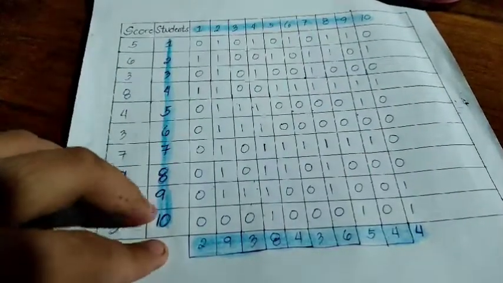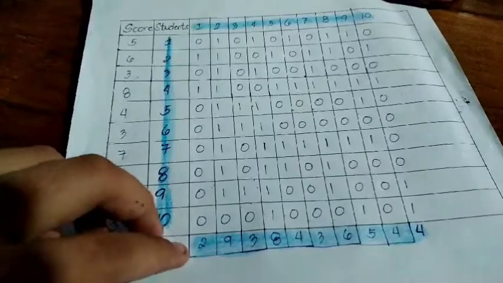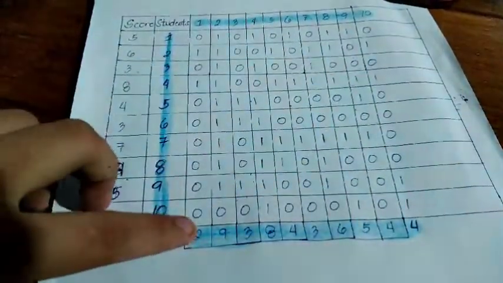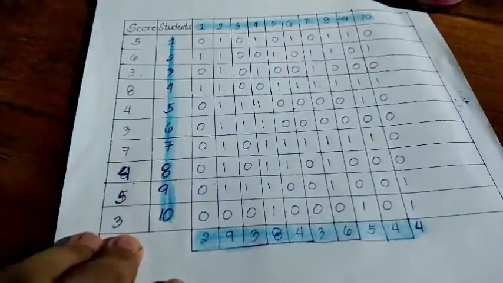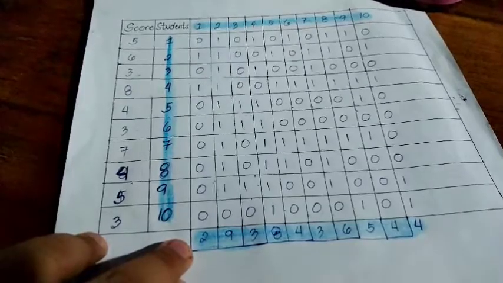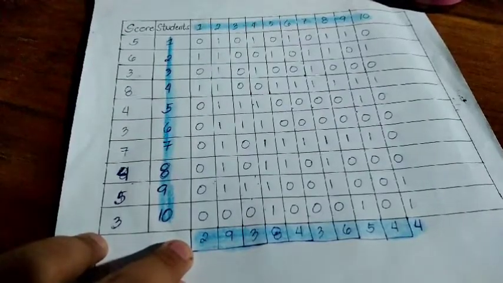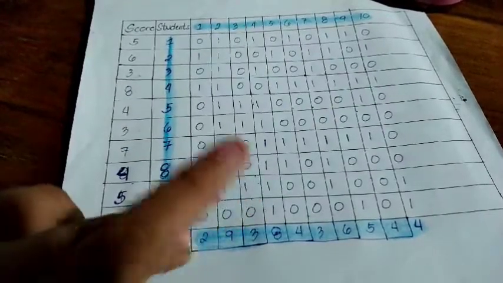So, let's proceed to the last column. This column, the ones colored blue, are the total scores or total number of students who got that item.